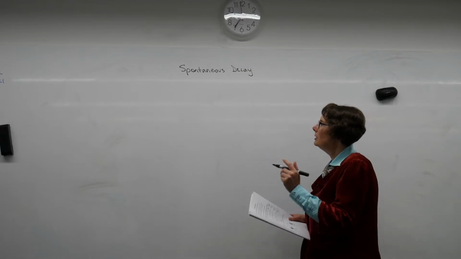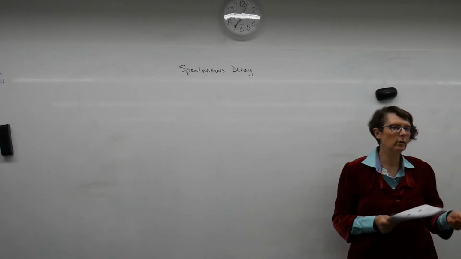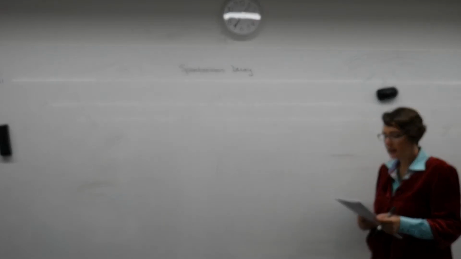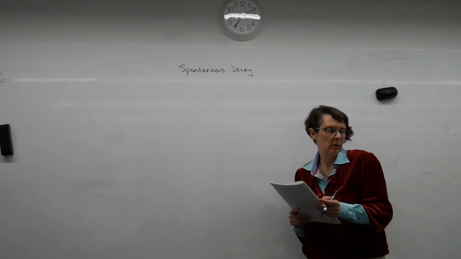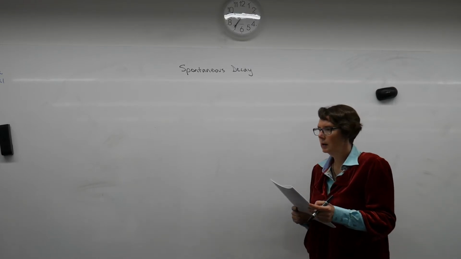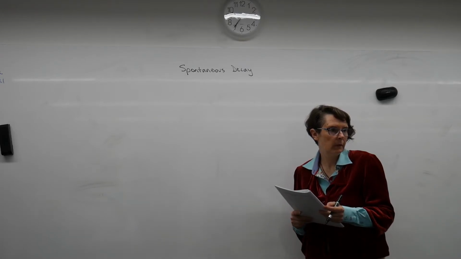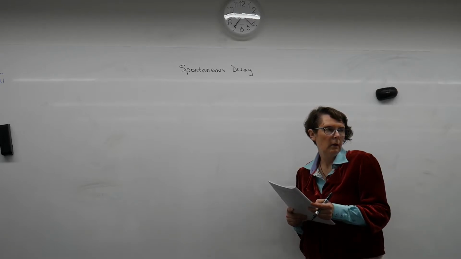So we did think about what spontaneous meant before, and we also discussed what decay meant. Do you remember what that was? It's when the nucleus releases particles, something like that.